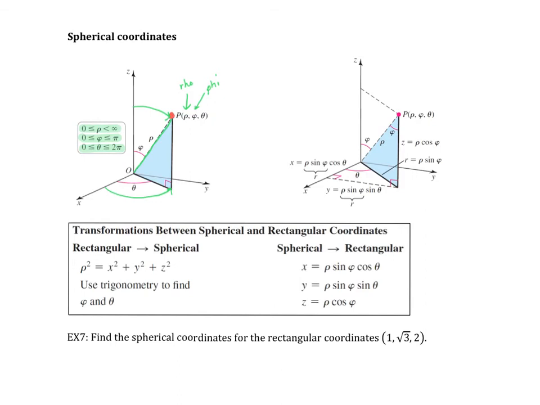So why does our phi value only have to be from 0 to pi? Well, let's look at another point. I'll draw it here, in red. To get to that point, I'm going to have some distance rho out.